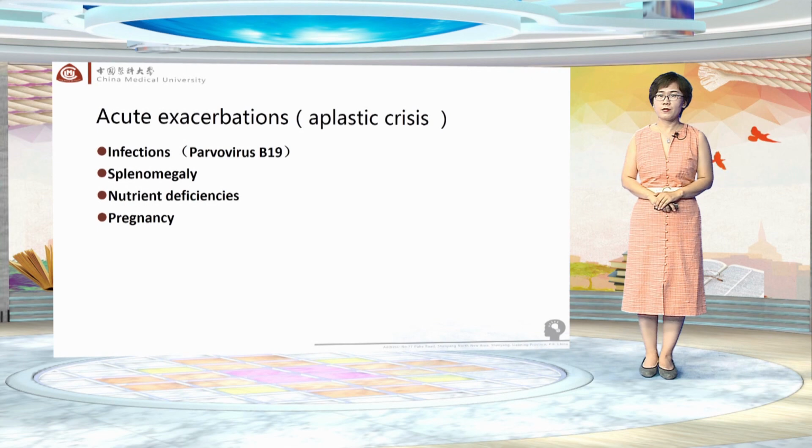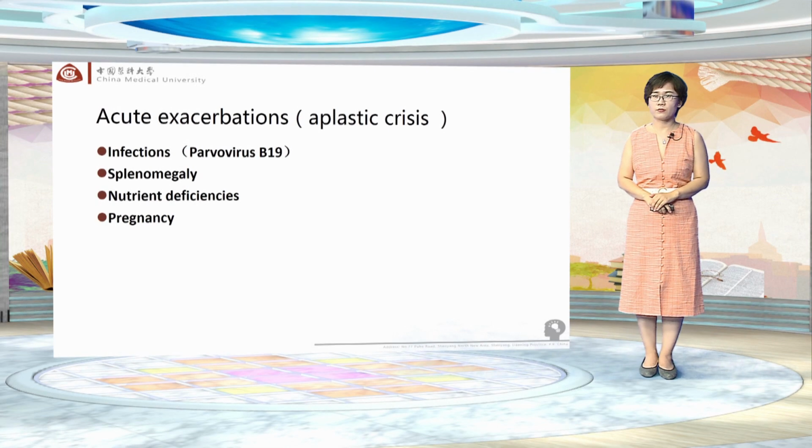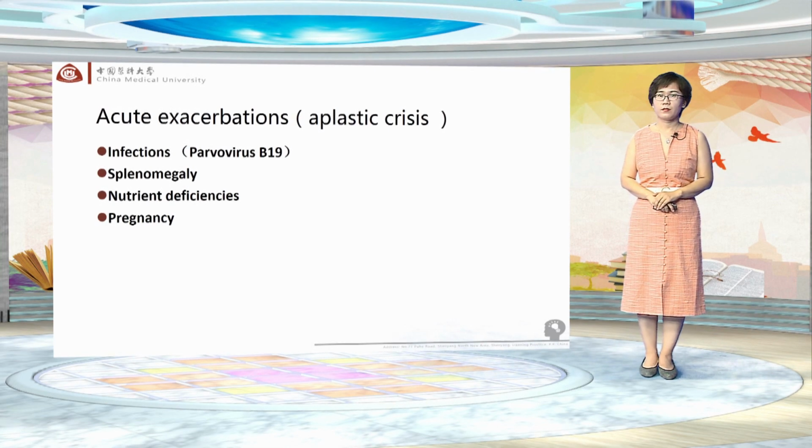Acute exacerbation of anemia may occur in certain settings, which is also called aplastic crisis, such as parvovirus infection, which will impair red blood cell production in the bone marrow and thus diminish the capacity to compensate for chronic hemolysis.